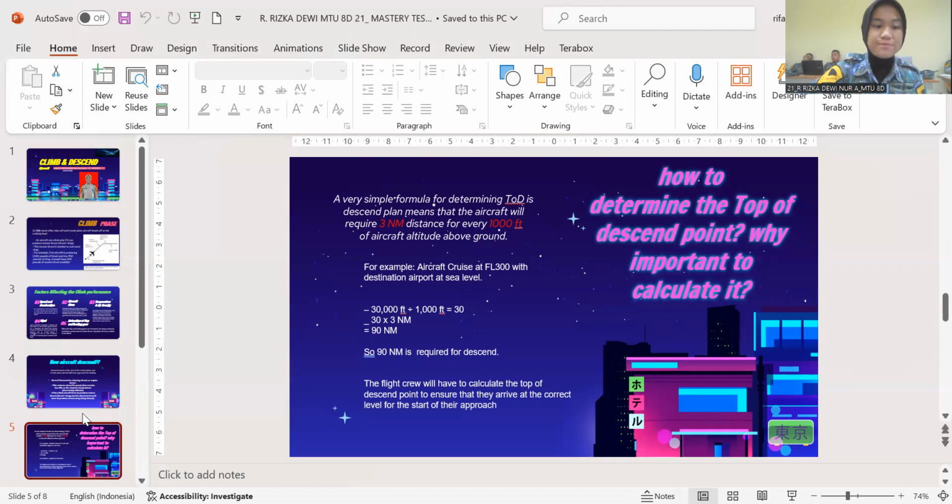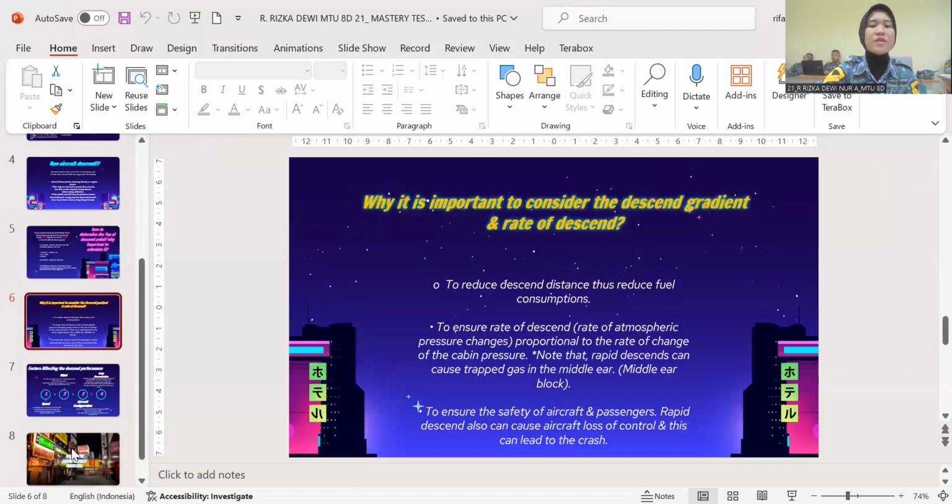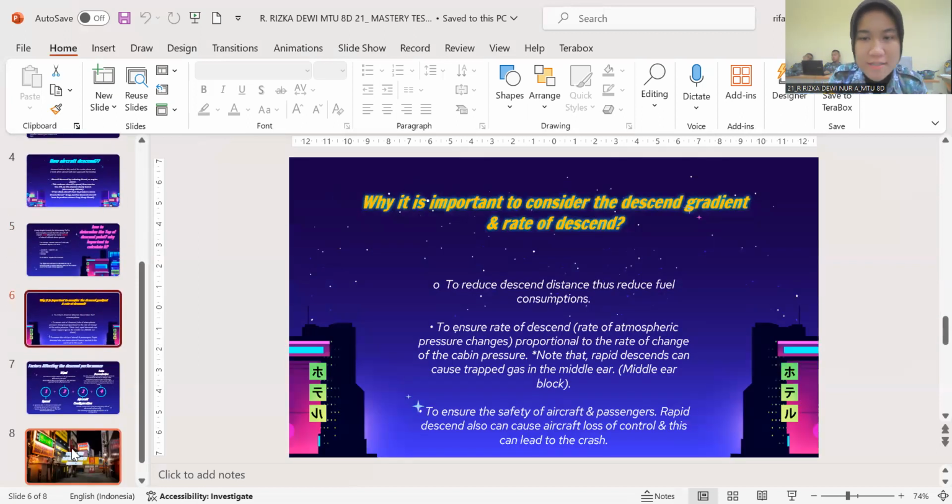start of their approach. Next, we have why it is important to consider descent gradient and rate of descent. There are three reasons. First, the reason is to reduce distance and reduce fuel consumption.